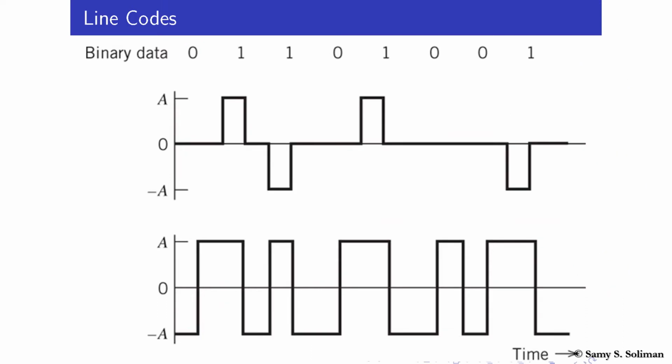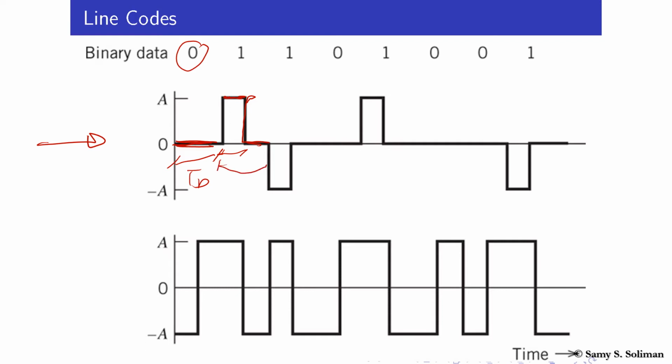For the next representation, we will see the return to zero signaling. The first one here, as we can see, we represent bit 0 with 0 voltage for the whole TB duration. While for bit 1, we represented by A volts for some duration of the bit, and then return to the 0 voltage for the remaining interval of the bit duration.